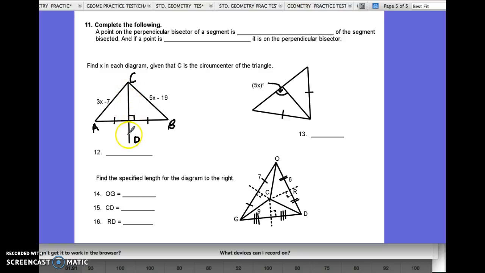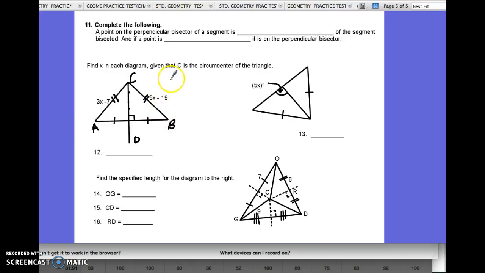CD is a perpendicular bisector of AB. Therefore, any point on CD, it could be this point or this point or this point, or point C itself, is going to be equidistant from the endpoints of AB. Endpoints of AB are points B and point A. So that means CA would be equal to CB.